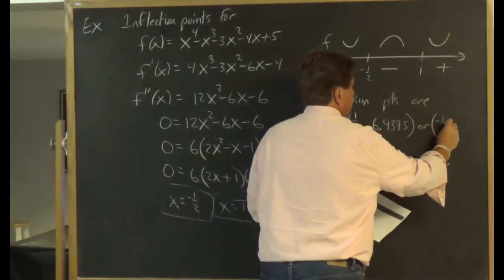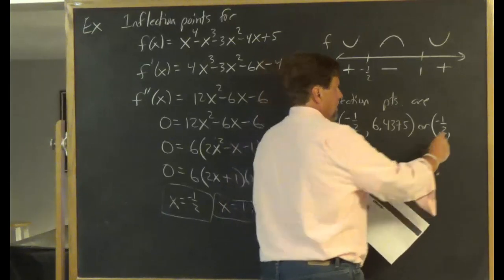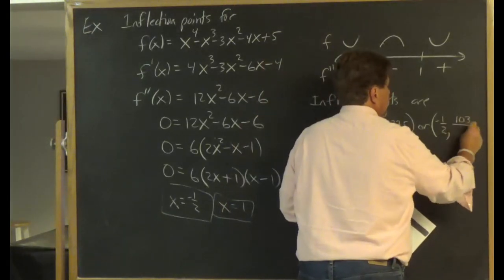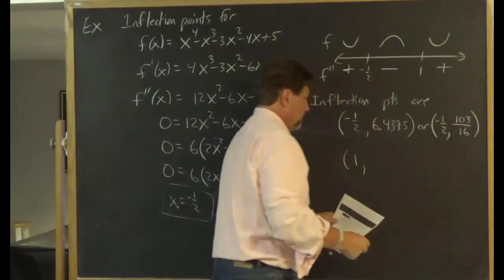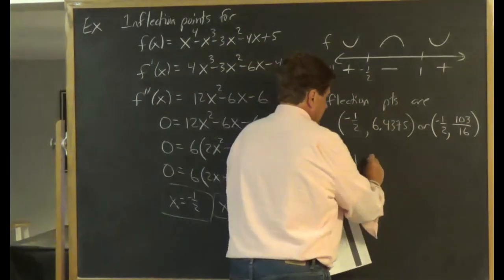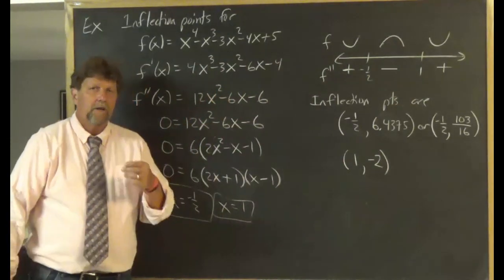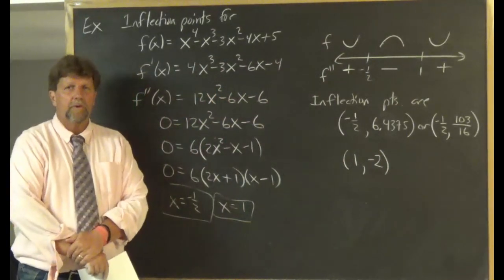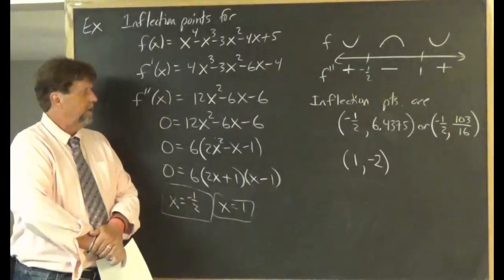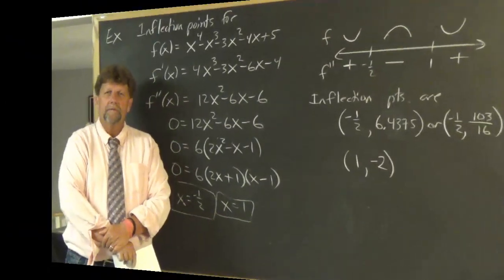You could write that as a fraction, 103/16. When you put 1 in for the x's, what comes out is -2. So, 2 inflection points. Hopefully you found them both. Let's head back to the slides and see what's in store for us.